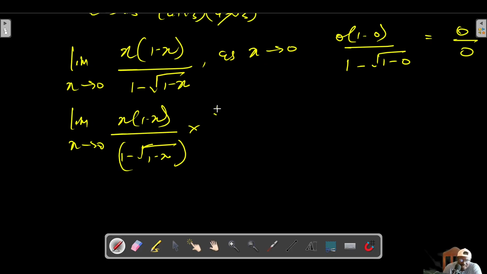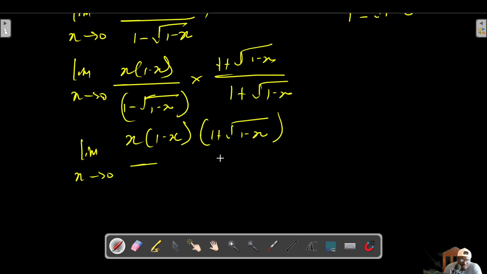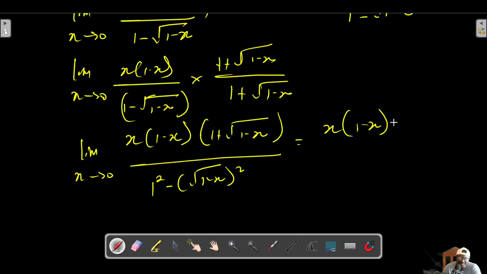What do we get? That is 1 plus root 1 minus x divided by 1 plus root 1 minus x. This becomes x multiplying the expression 1 minus x, that is times 1 plus root 1 minus x, all over the product of two squares. So 1 squared minus root 1 minus x all squared. So this becomes x multiplying 1 minus x, 1 plus root 1 minus x.